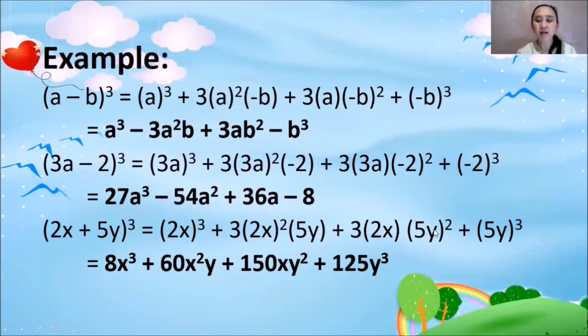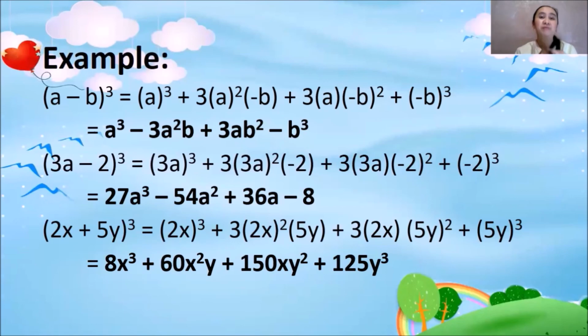Then dito naman, itong ating dodoblehin, kaya 5 times 5 ay 25. 25 times, dahil ito ay 6, 3 times 2 ay 6, 6 times 25 ay 150. And x times y is equal to xy squared. Then itong 5y, the quantity 5y cubed, 5 times 5 is 25.